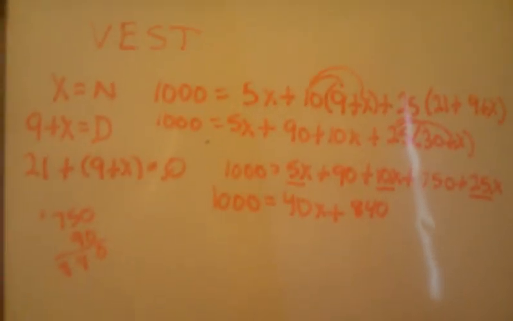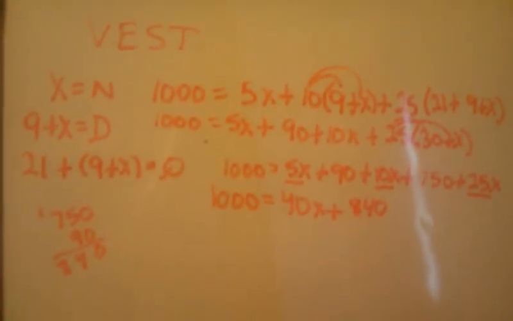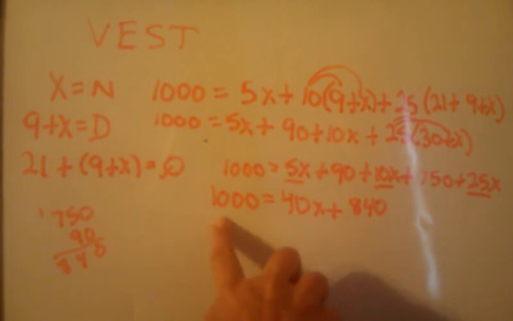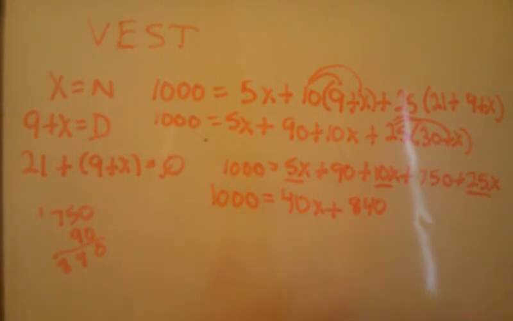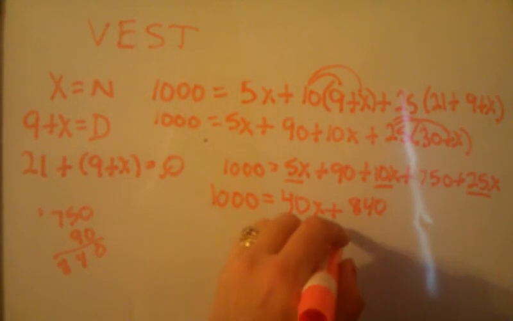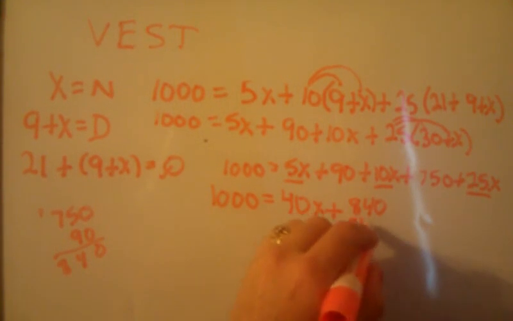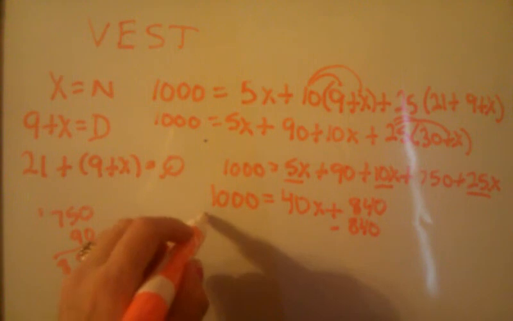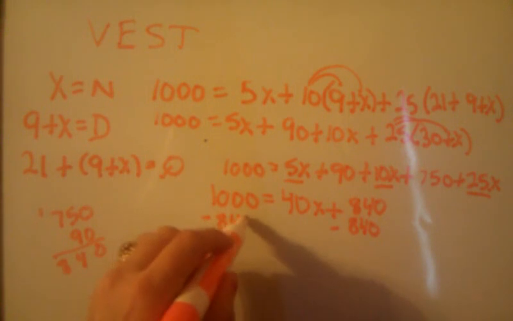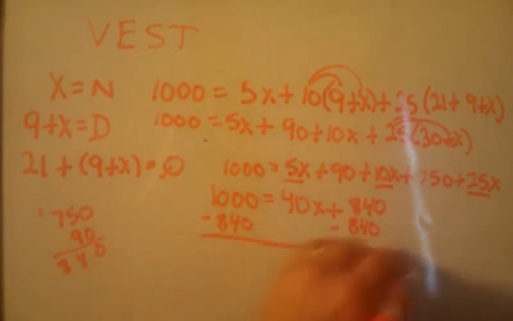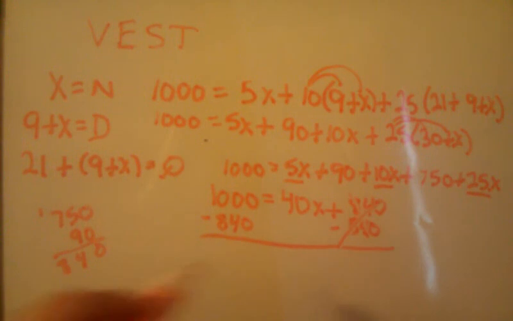Okay. Next in the order of operations says I need to subtract. Like terms is going to be this one. So I have to subtract 840 from both sides. These are going to cancel out.